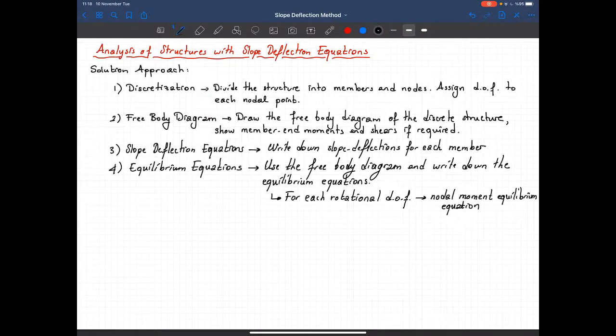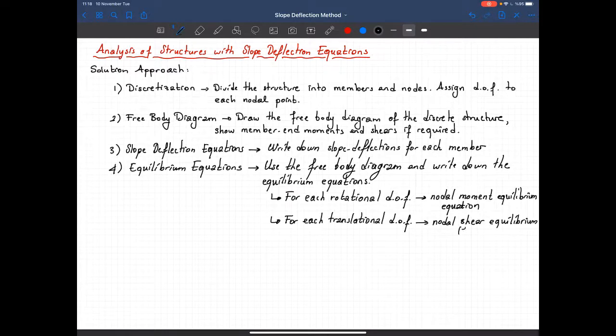Now, if we have translational degrees of freedom, you will be looking for a nodal shear equilibrium equation.